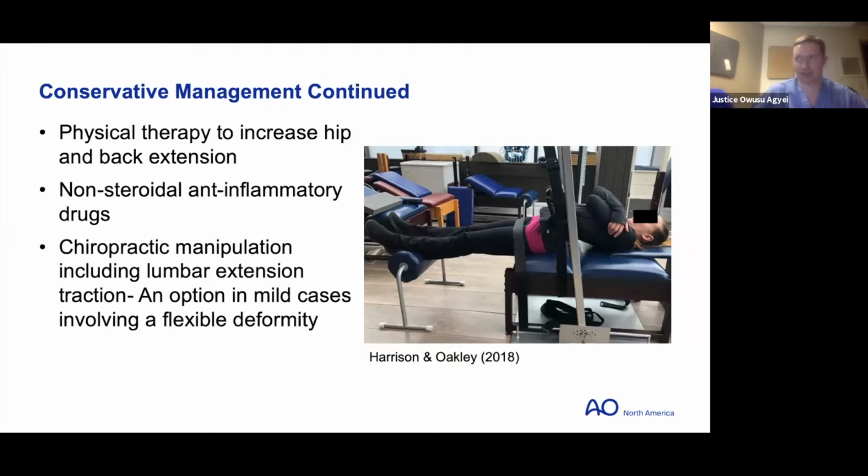Essentially, it places them in a lordotic position for an extended period of time. Most of these are used in mild to moderate cases or cases in which there's still some flexibility to the deformity.